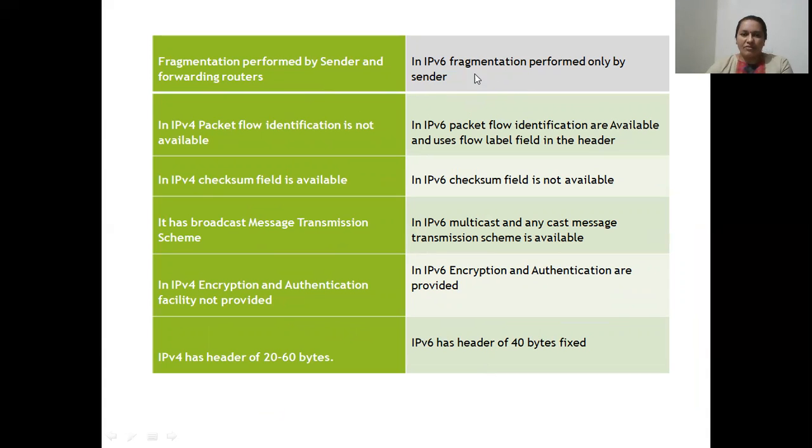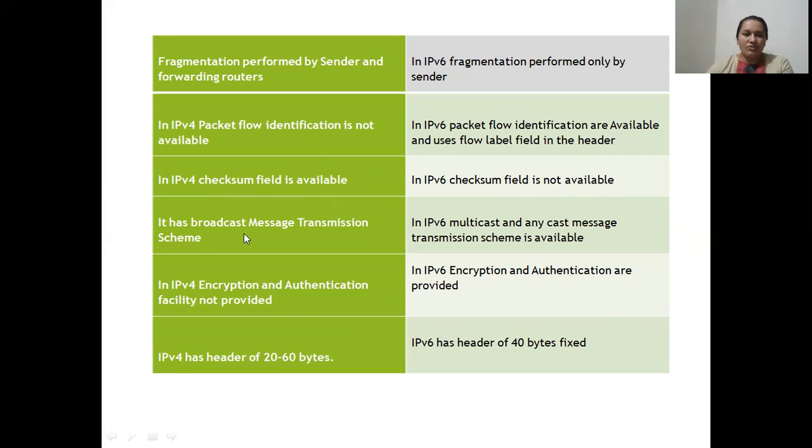Routers are relieved of the fragmentation duties. In IPv4, the packet flow indication is not available, whereas in IPv6, the packet flow label is available in the header. In IPv4, the checksum field is available, whereas in IPv6, the checksum field is not available.